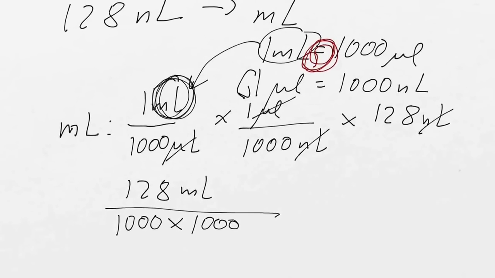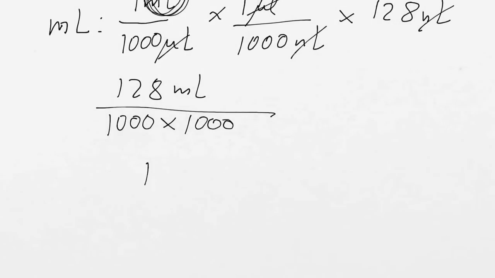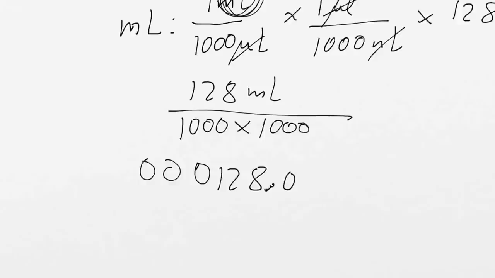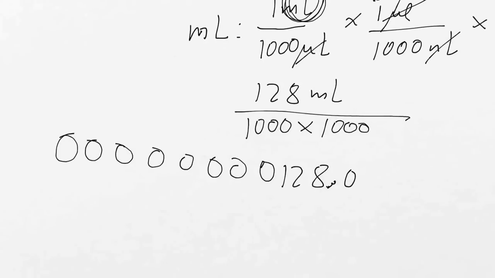So how do I write this? Well, I can write it as 128.0. And so here's my decimal, that's my 128. And now I put zeros in front of it. 0, 0, 0, 0, 0, 0, 0, and so on. And now I count the zeros that I have at the bottom of my fraction.